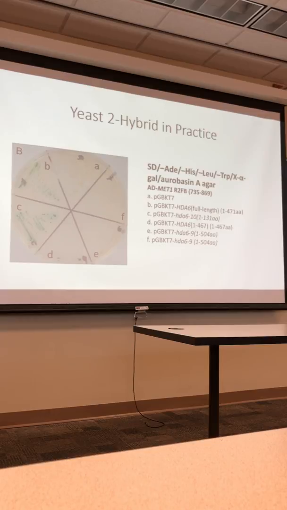If you grew them up on medium with a drug that caused a conformational change that doesn't allow the bait and the prey to interact, you wouldn't see it. So you could probe things like whether a drug causes a change in interaction between two proteins. Does that make sense?